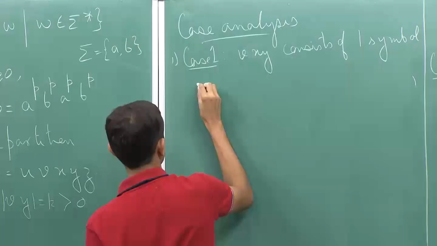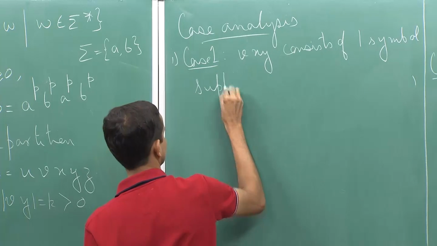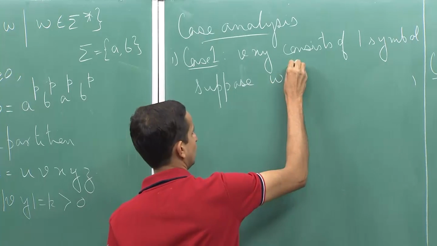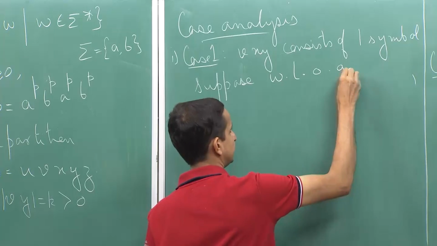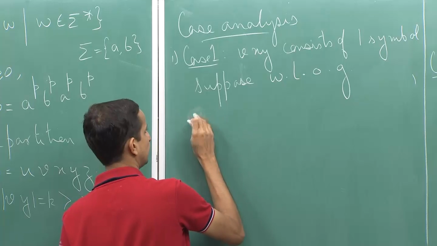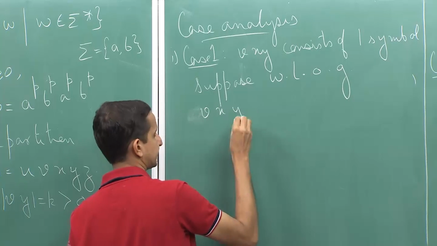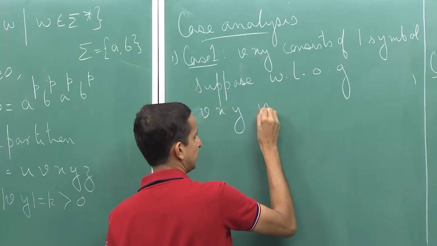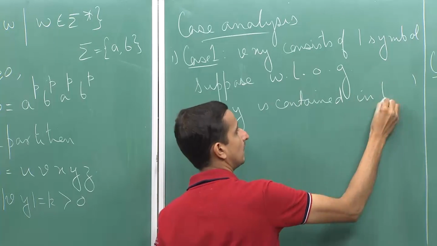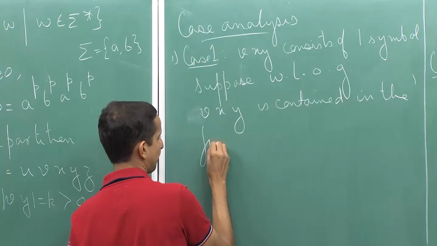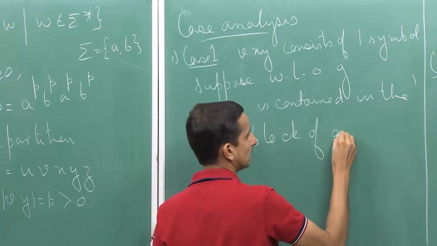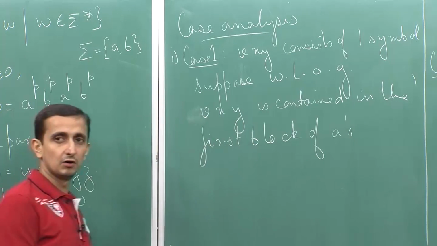So, suppose, without loss of generality, Vxy is contained in the first block of A's.